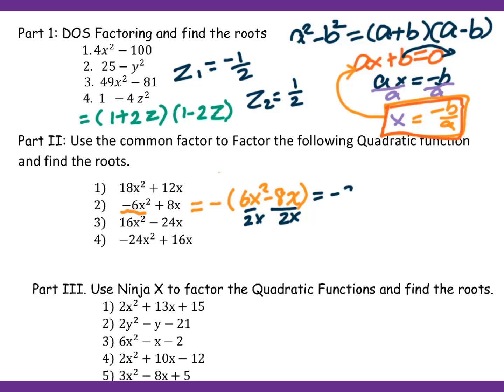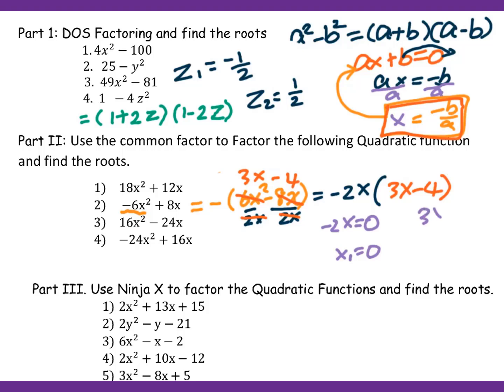You will get negative 2x, then reduce, you will get 3x minus 4. Then you set up negative 2x equals 0, x1 equal to 0, and 3x minus 4 equal to 0. So x2 equals, cross the river, change sign, positive 4 over 3.